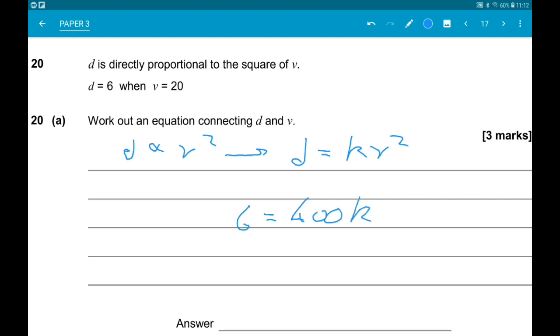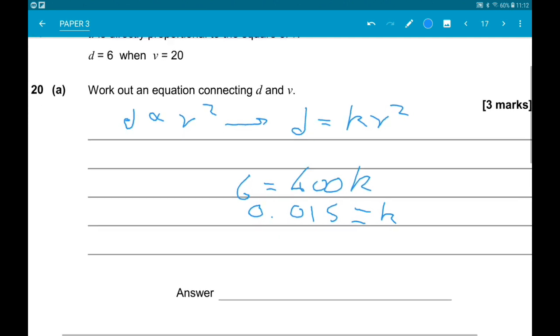Divide by 400 and we get 0.015 is equal to k. So our equation is d is equal to 0.015 v squared.